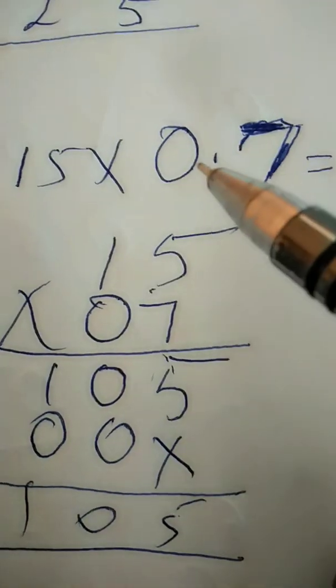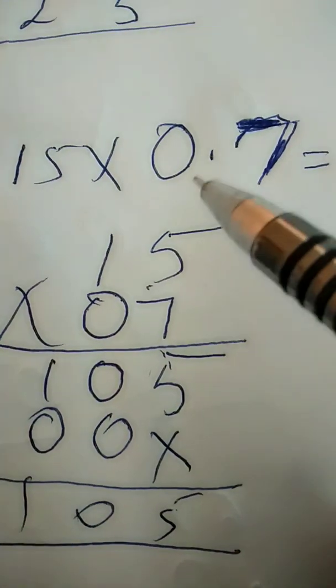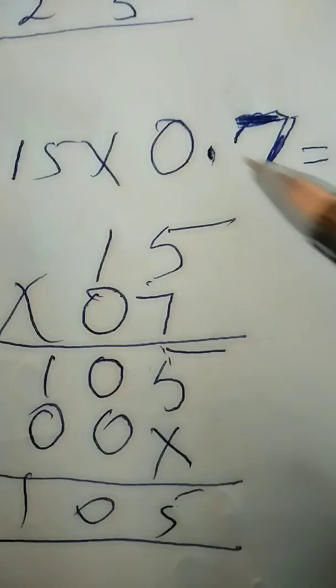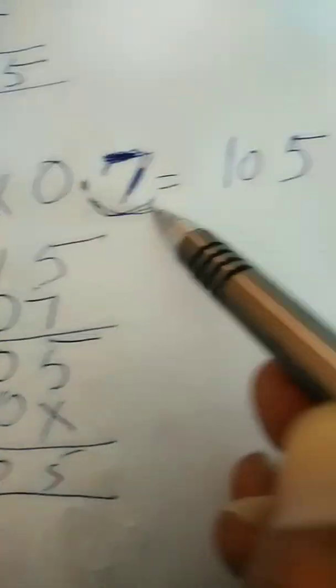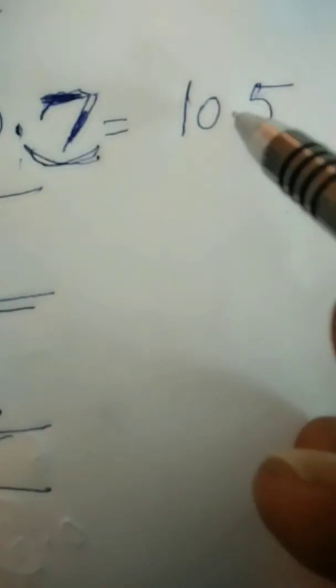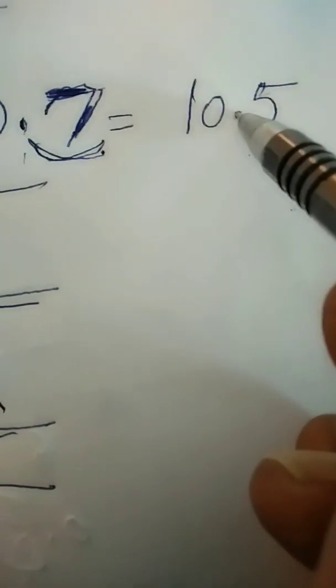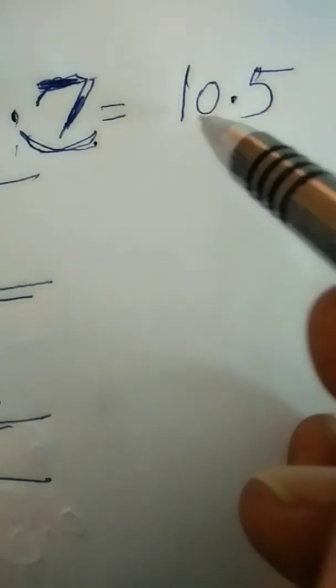So here the decimal is there. After the decimal, how many digits are there? One digit is there. So in the answer there should be one digit after the decimal. So your answer will be 10.5.